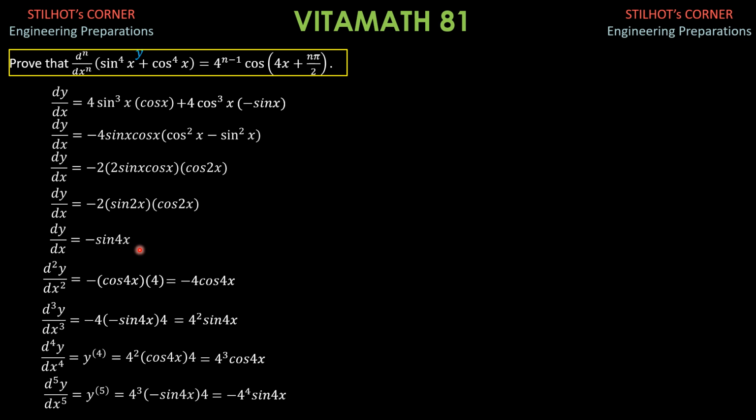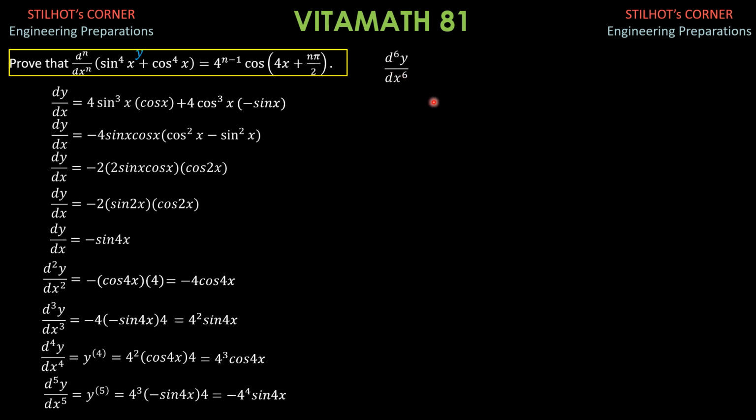So it repeats here. We then conclude that the sixth derivative of y with respect to x is of this form, negative 4 to the 5 cosine 4x. Let's check the derivative.